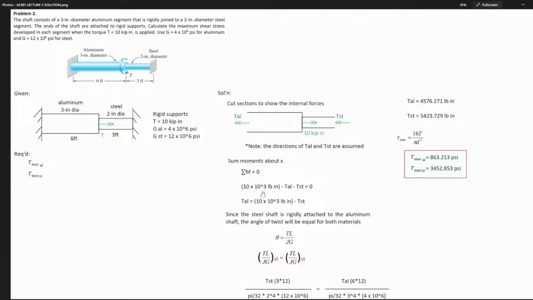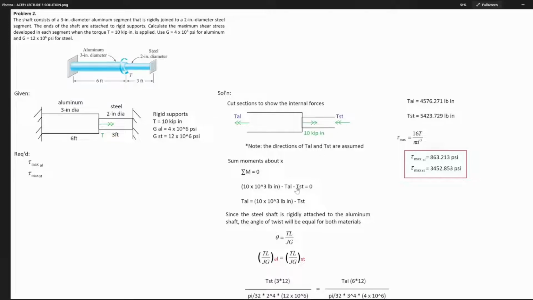Yung 10 kips, 10 times 10 raised to 3, so, 10,000 pound inch. This is to the right. I am assuming na yung to the right is positive, to the left is negative. So, positive 10,000. Minus torque aluminum, kasi siya ay inassume kong to the left.